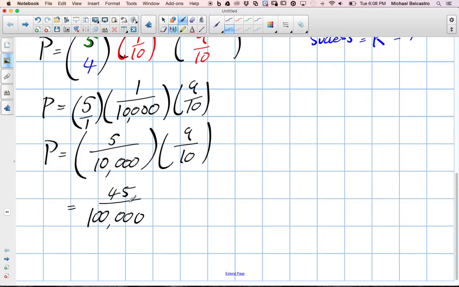A quick way to figure out what this is as a decimal: I would write 45, and we go 1, 2, 3, 4, 5. Are there 3 zeros in front of 45? Yeah, there's 3 zeros in front of 45. So this is telling you the probability.